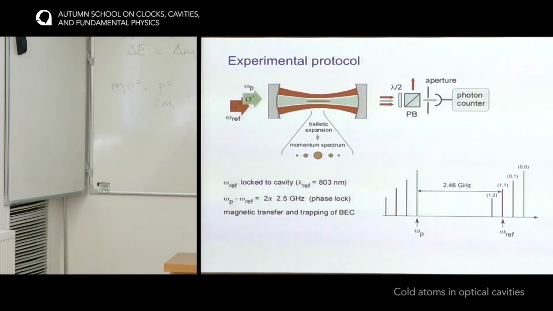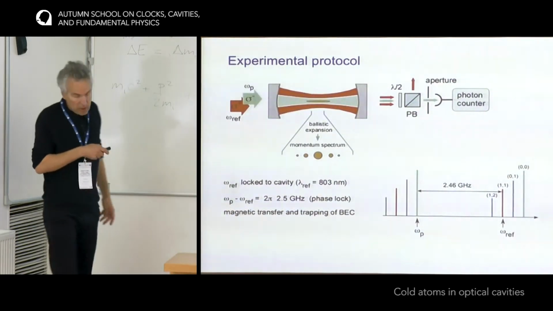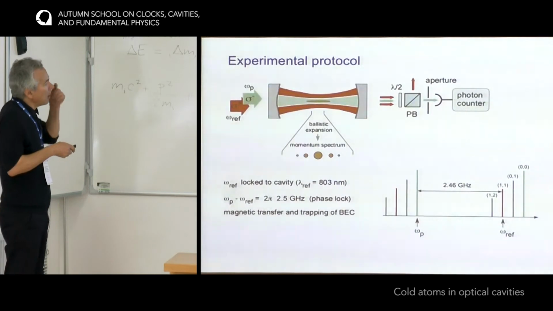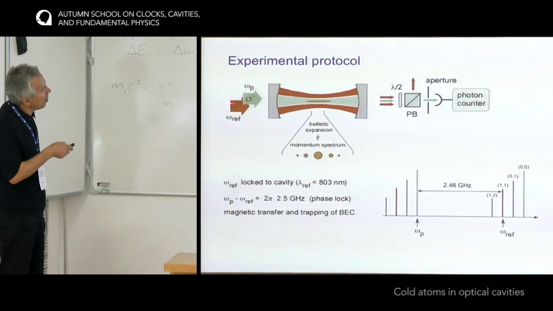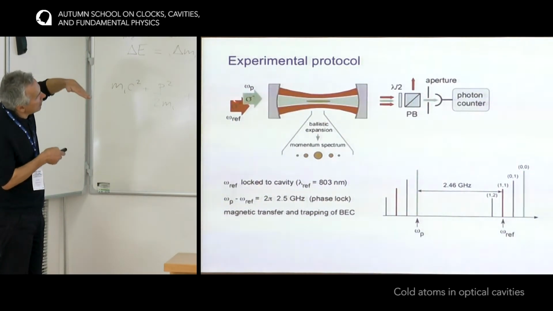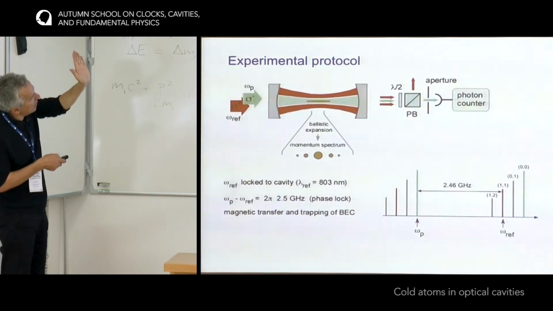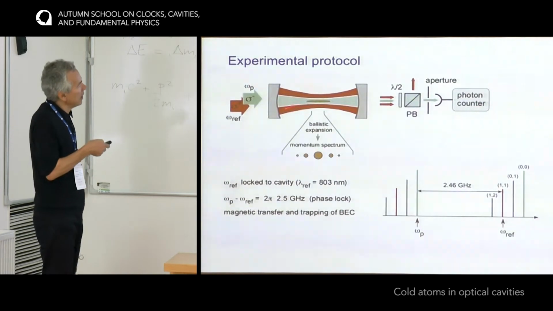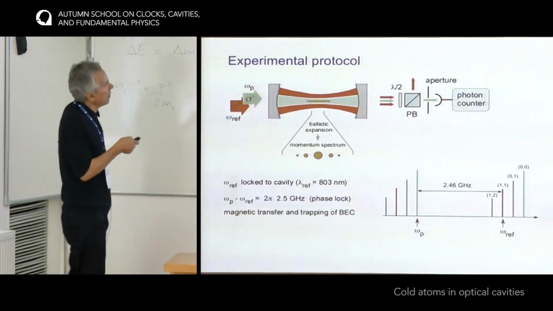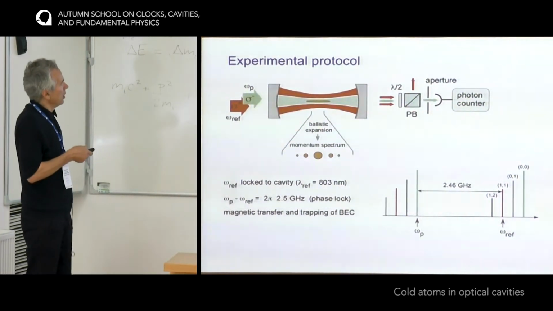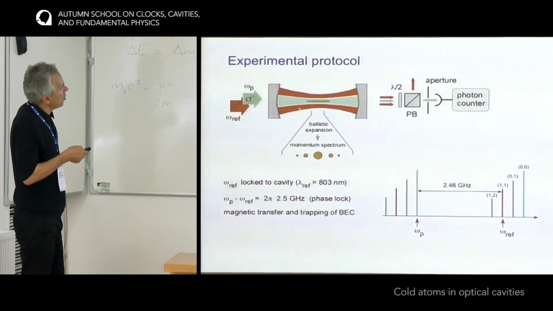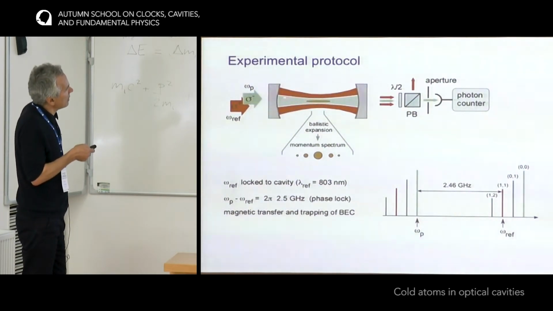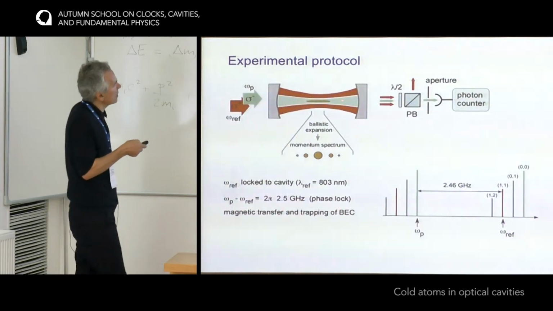And this is kind of a cartoon of the experimental protocol. Actually, all this has to be thought of as rotated by 90 degrees. The cavity is oriented in the real world vertically, but it's easier to show it like that. So typically this is the cavity mode with a BEC placed inside this mode.